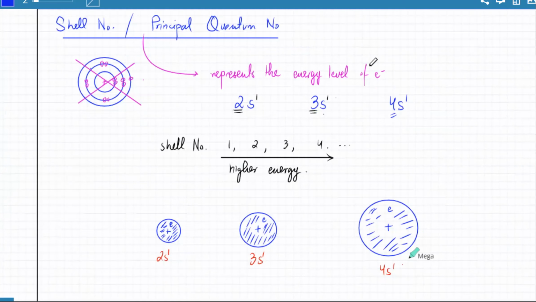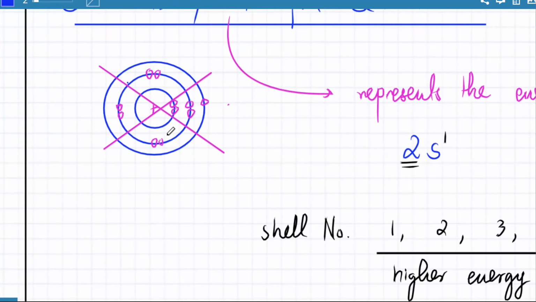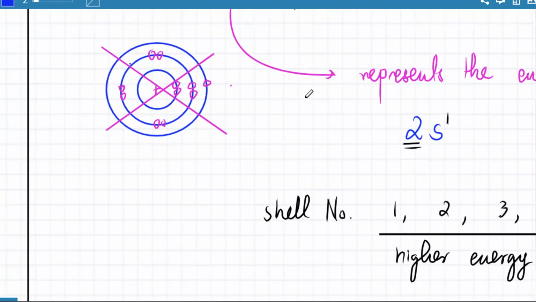Okay, what's the shell number? Sir, if they become so energetic that they leave the nucleus, won't they be destabilized? No, what does destabilize mean? The nucleus is attracting all these electrons, right? So if this electron is very energetic and very far away from the nucleus, then let it go. What the words stable and unstable mean, we'll look at later, when we do chemical bonding.